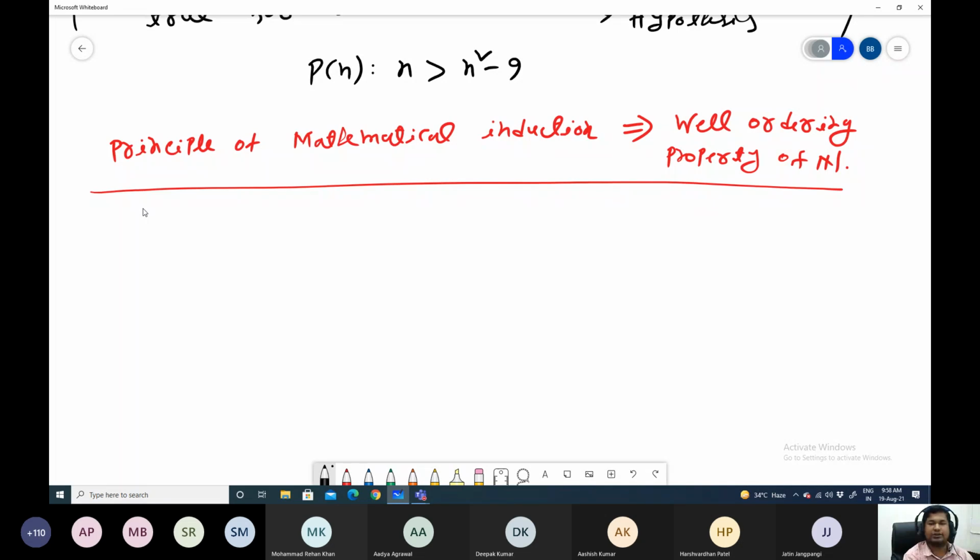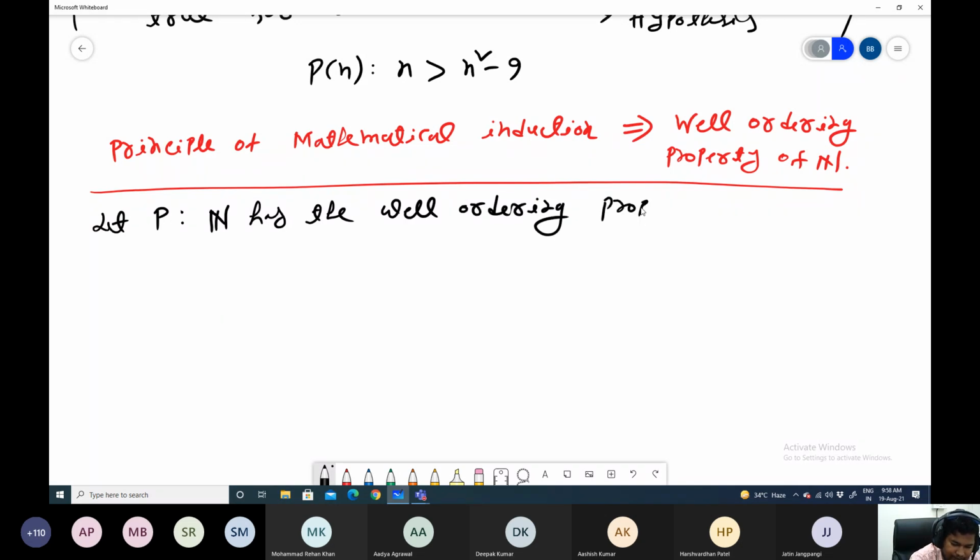Now again, how will you proceed? Now you can say that let P be the statement that N has the well-ordering property.